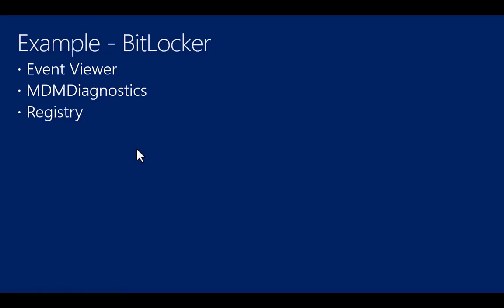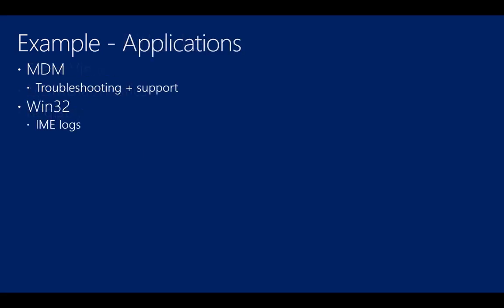I'm not going to pop that back up, but it's out there if you need to look in the registry and see detail about it. I talked about applications already, the MDM application and the Win32 applications, for troubleshooting those. And we could go on and on because there's lots of detail that I've not even gotten to yet.